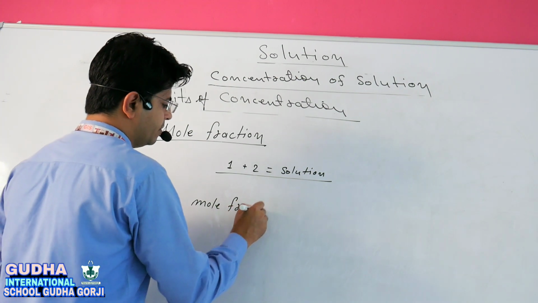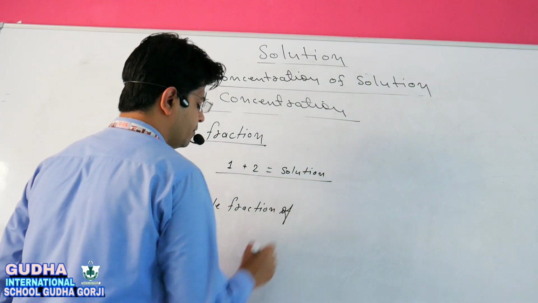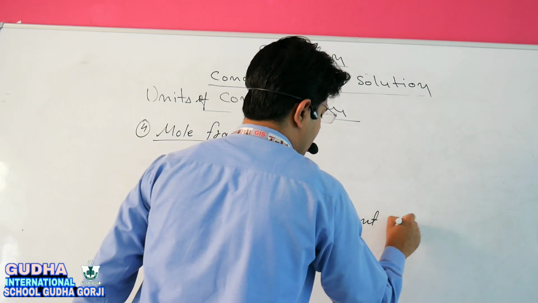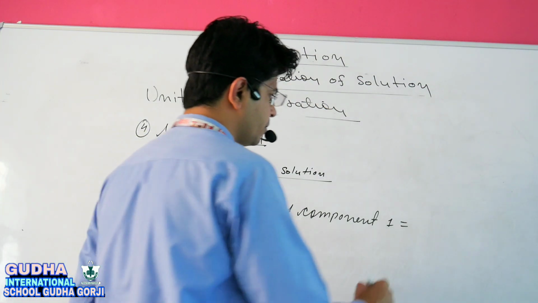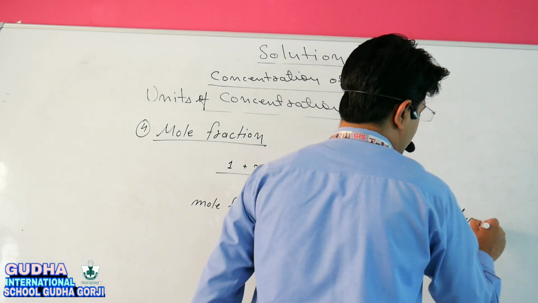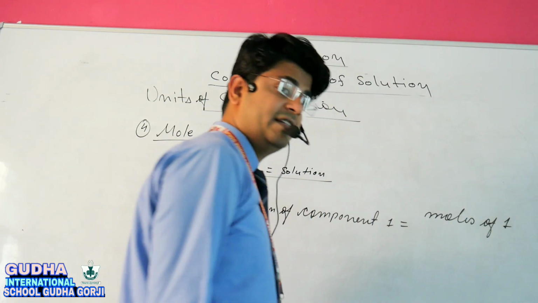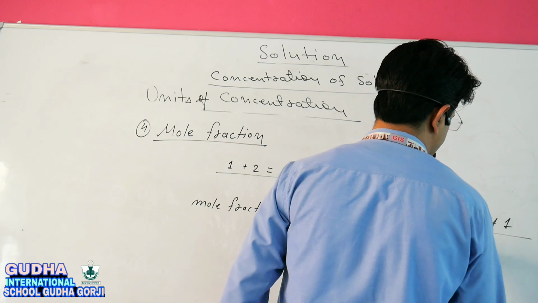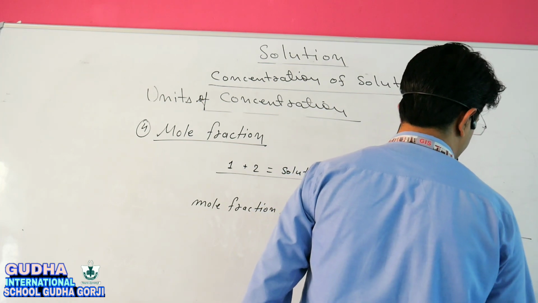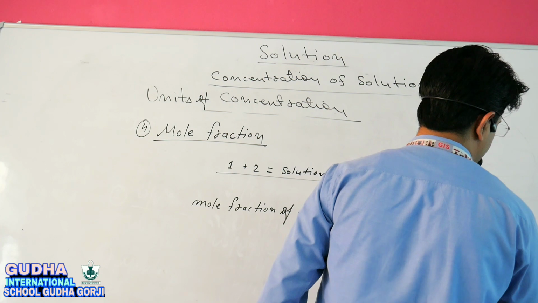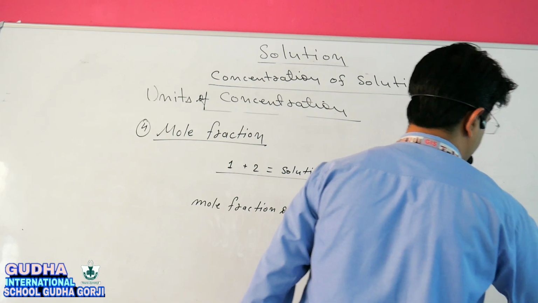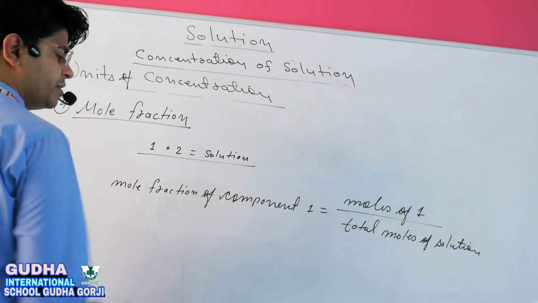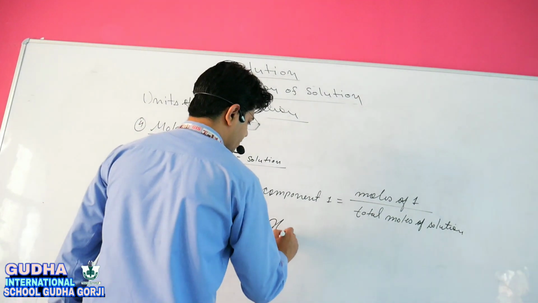Now in this case, if one component is 1 and the other is 2, then mole fraction of component 1 equals moles of 1 present in the solution upon total moles of solution. I can write the mole fraction of the component as x1.